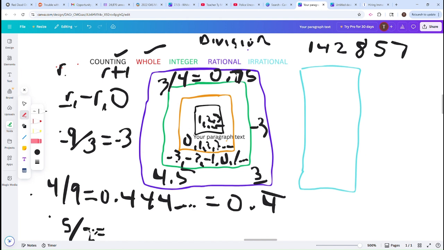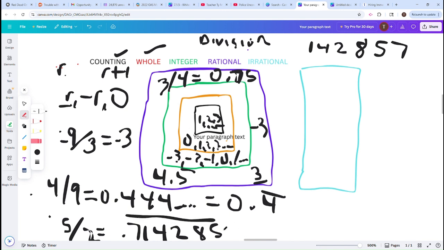That is a 7, believe it or not. The answer is 0.71428. And this whole thing repeats.